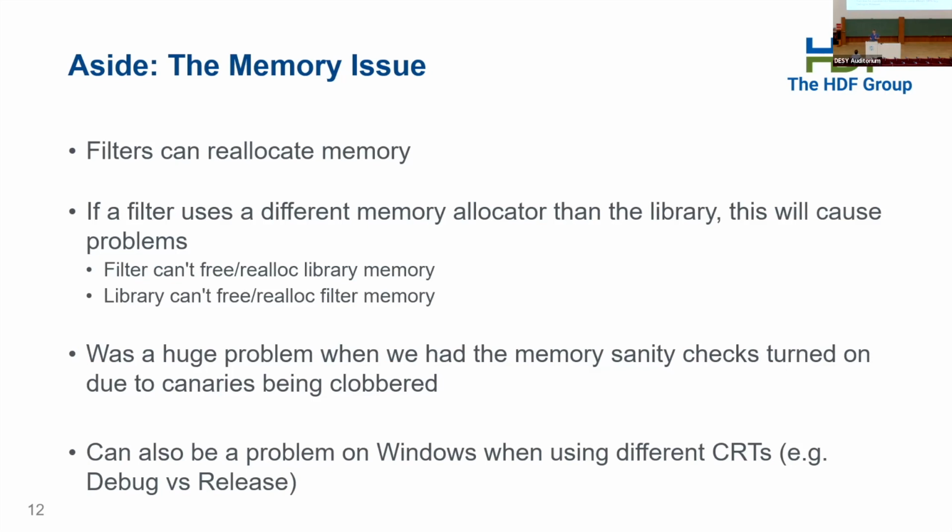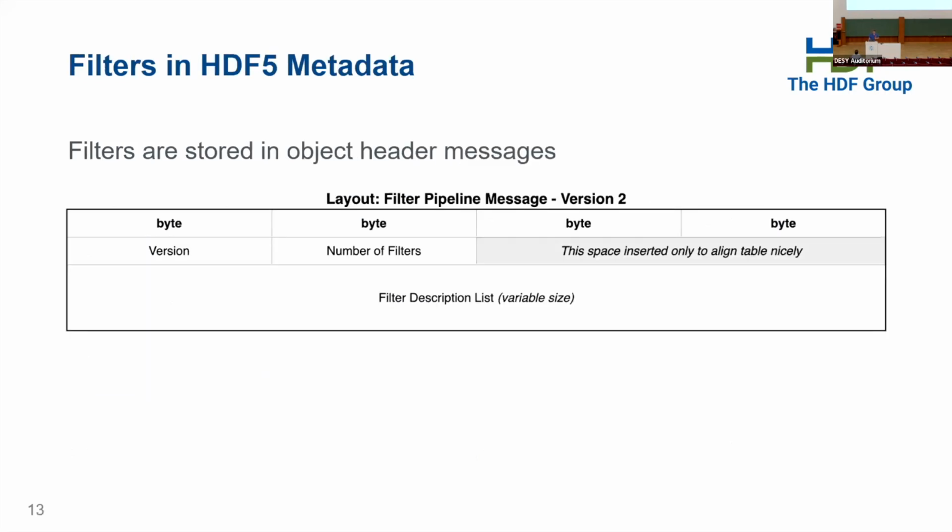The C runtime is a bolt-on in Microsoft, and so that's a problem. But you also see this if you're using a debug CRT, or a debug memory allocator of any type. But it's less of a problem now. Microsoft has changed the way they deal with the CRTs, I think, to the point where you don't have to worry as much about which version of Visual Studio is used to build something.